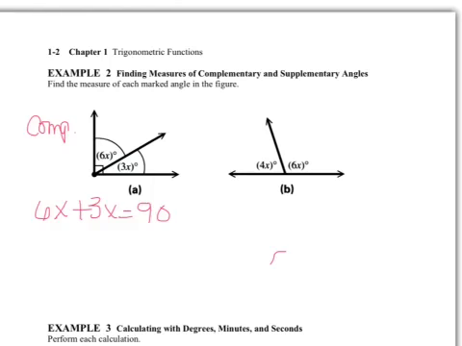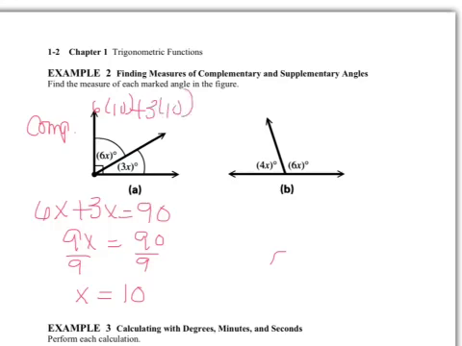We combine like terms and end up with 9x equals 90 degrees. If we divide both sides by 9, we end up with x equals 10. If we plug that back in, we have 6 times 10 plus 3 times 10, which gives us 60 plus 30, which gives us our 90 degrees. So we know that we are correct.